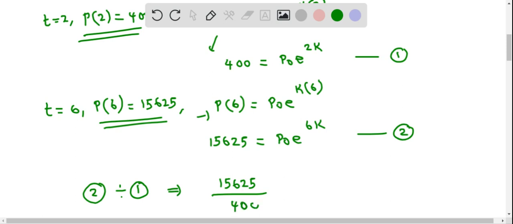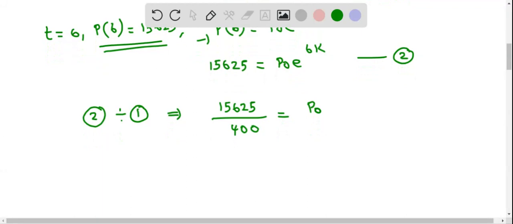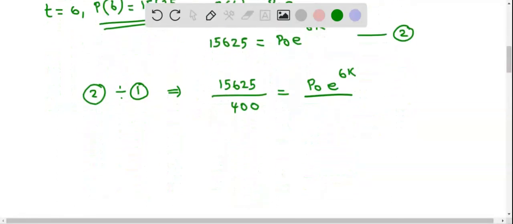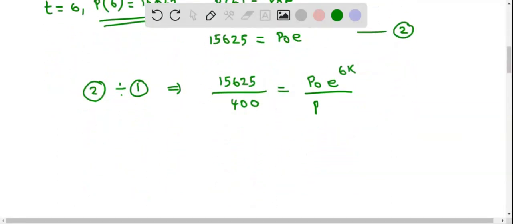On the right side, we have P naught e raised to the power of 6k divided by the right side of equation 1, which is P naught e raised to the power of 2k.